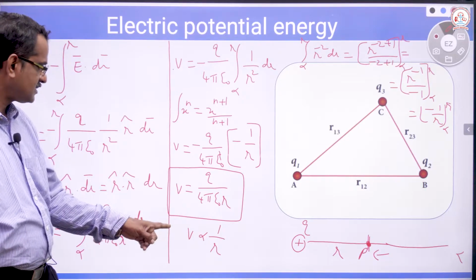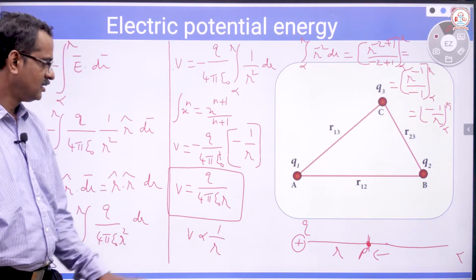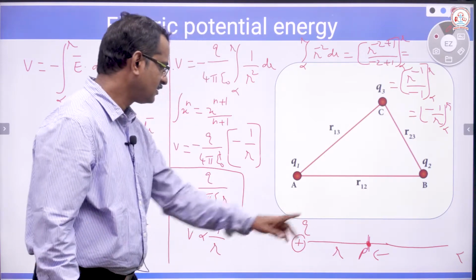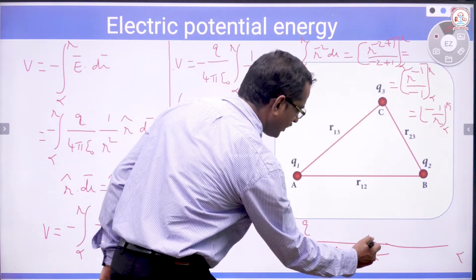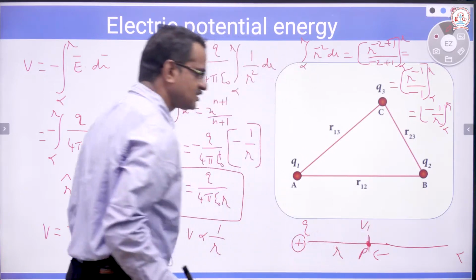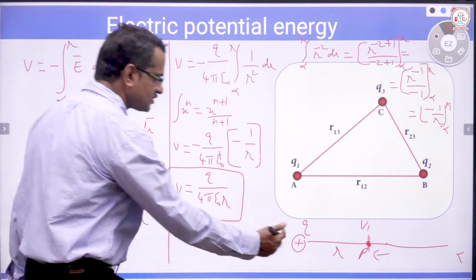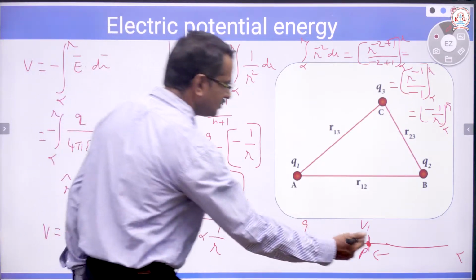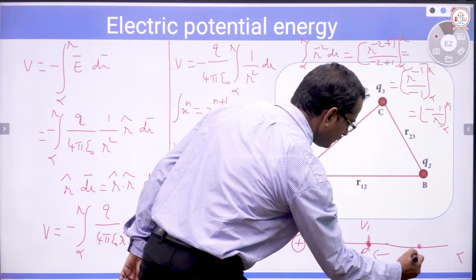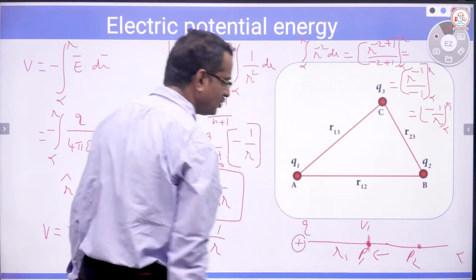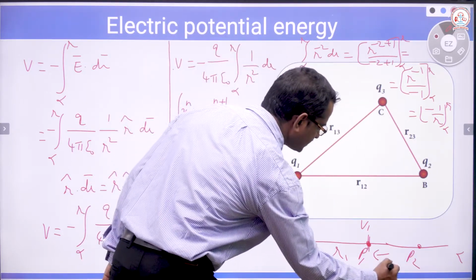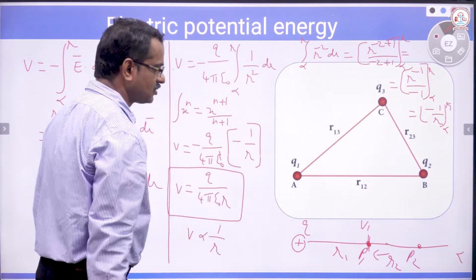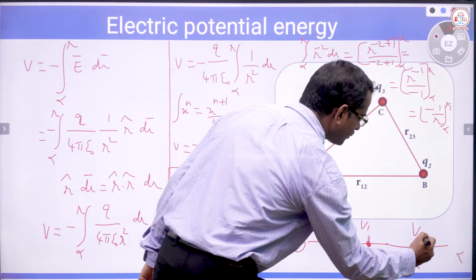This electric potential is inversely proportional to r. So, if the distance of the point P increases, for example, imagine at this point the electric potential is V1, which is at a distance r1. If there is a point P2, which is at a distance r2 from this plus Q, then the potential is V2.